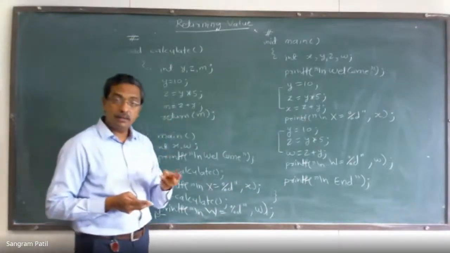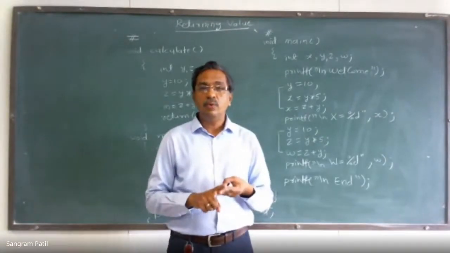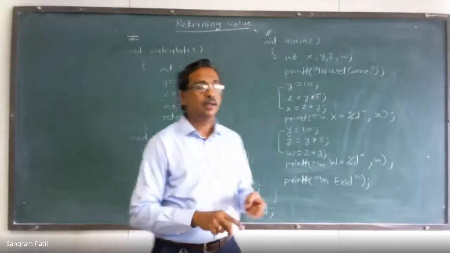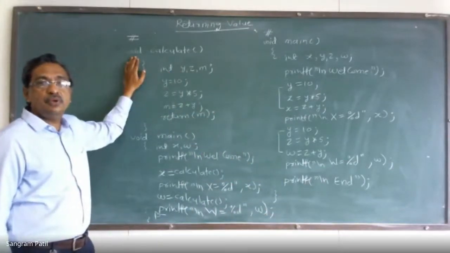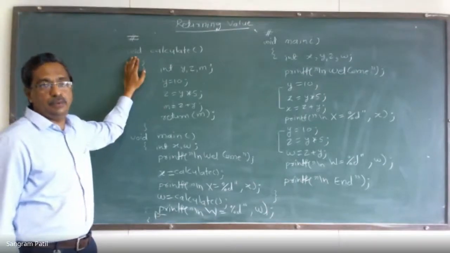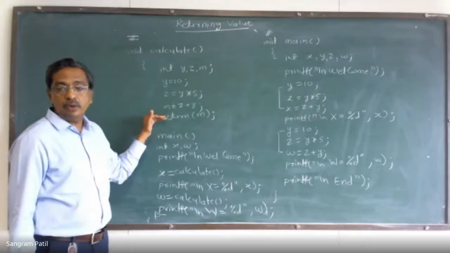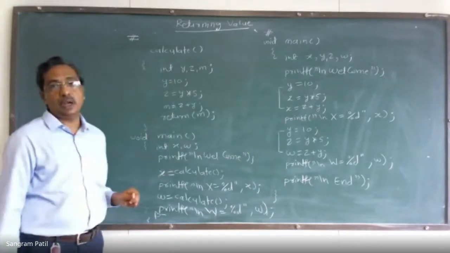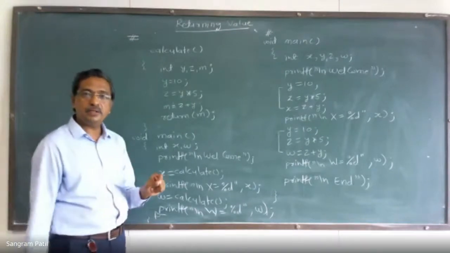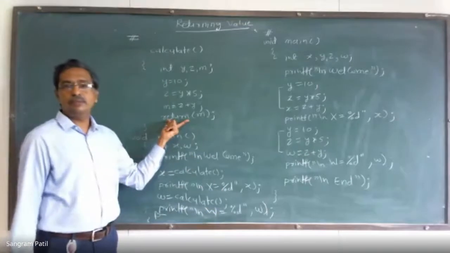Now third, if you are returning value from a function, then void is not allowed. Void means you are not returning any value. But now we are returning a value. When you are returning a value, void is not allowed, because void indicates we are not returning any value.